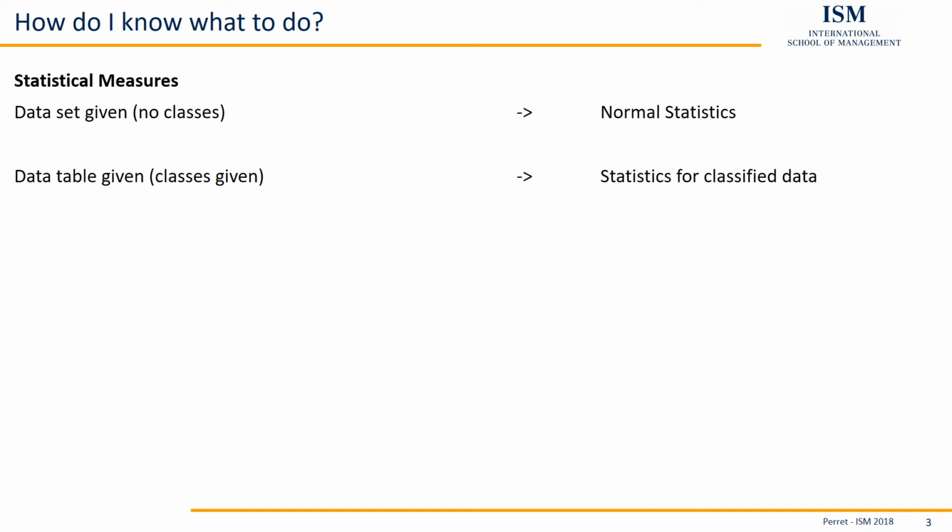That's usually classified data. It could also be that you have different types of cars. But then you're relatively limited with the statistical measures, because then you would have nominal data and the only thing you can do is frequencies and a mode. So usually it's ordinal data with classes, class beginning, class end.